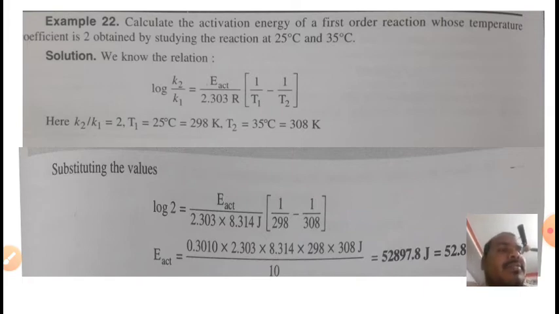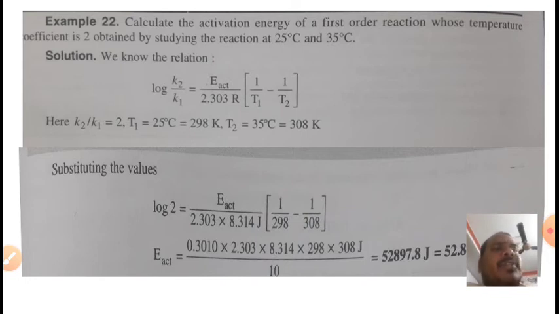To solve this problem, we should know what temperature coefficient is. Temperature coefficient is the ratio between rate constants at two temperatures which are 10 degrees apart.